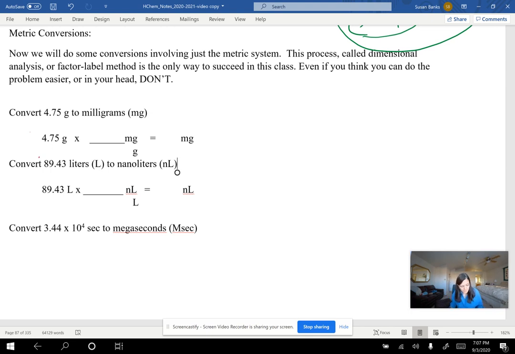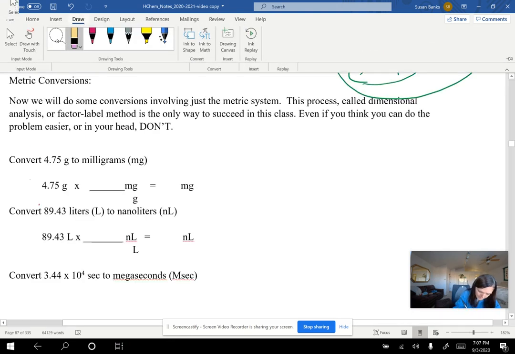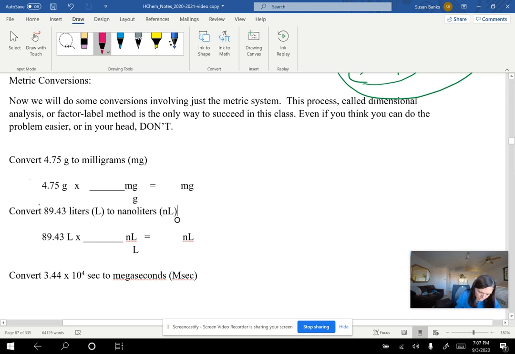Okay, so here we go. Convert 4.75 grams to milligrams. So the very first thing I need to do is look at the units I have here. Let's get into drawing. So the units I have here, I have grams and I have milligrams. So I need to remember the relationship between those two units.